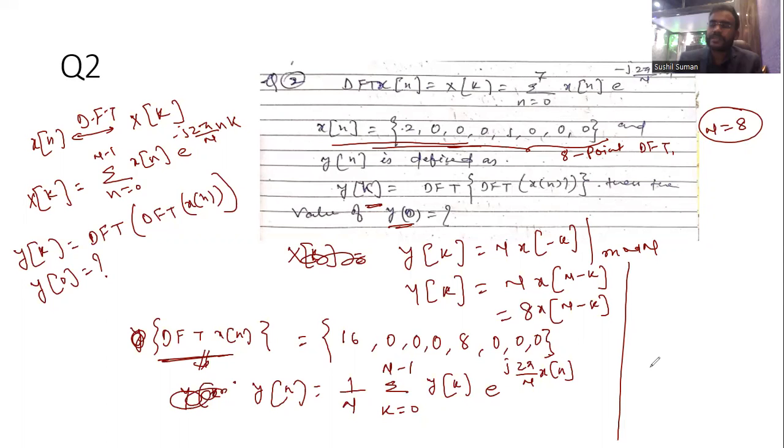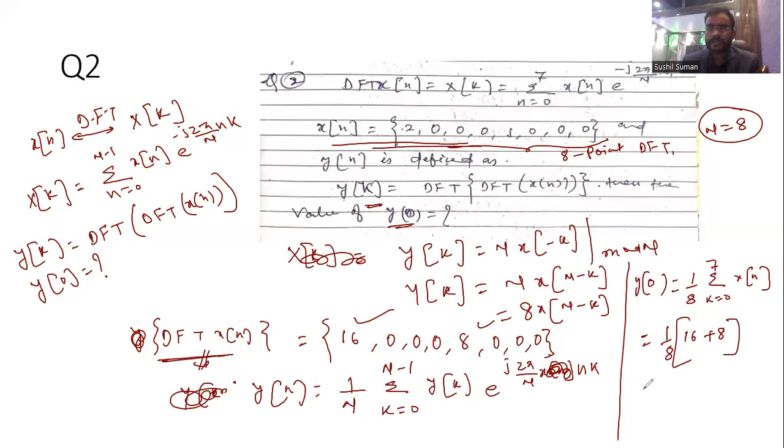My dear students, after putting this value, y of 0 becomes 1 by 8 into the summation running from k equal to 0 to 7, which is 16 plus 8, so this is equal to 3. So y of 0 equals 3. Answer is 3. This is the question regarding the DFT point of view.